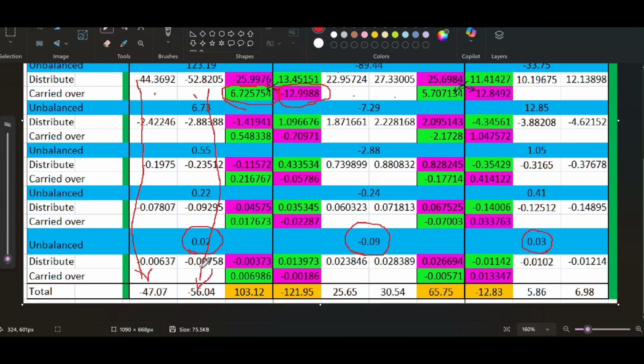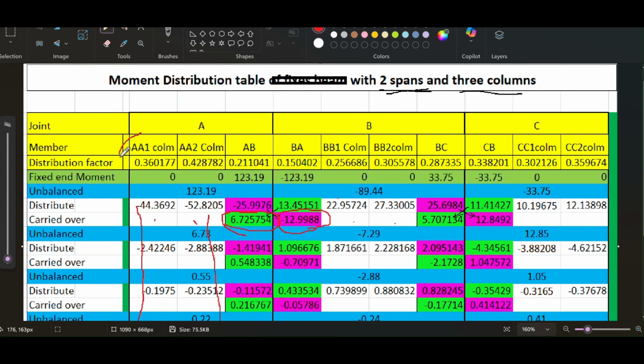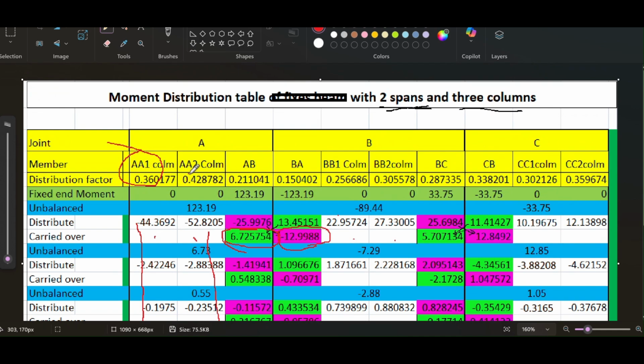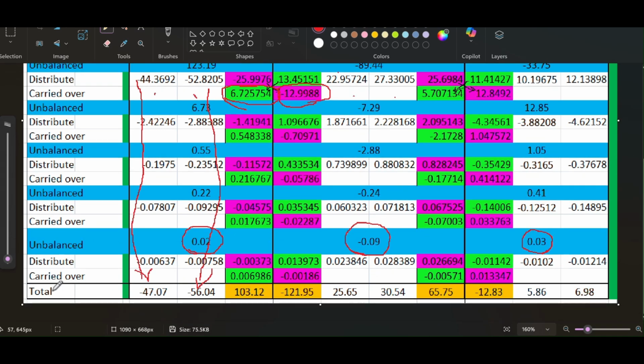It means the total, minus 47.07 kilonewton meter, is the bending moment in column AA1. Similarly, 56.04 minus is the bending moment in column AA2. Similarly, this much. So in this way, we are finding the bending moment in columns and beams finally.